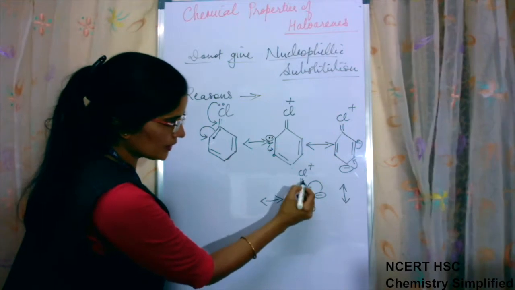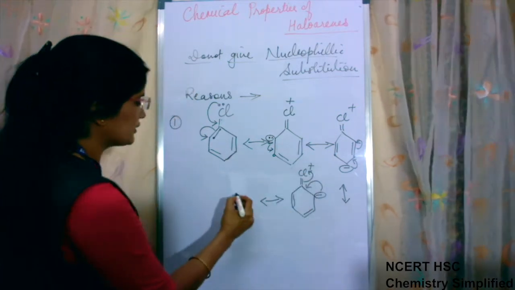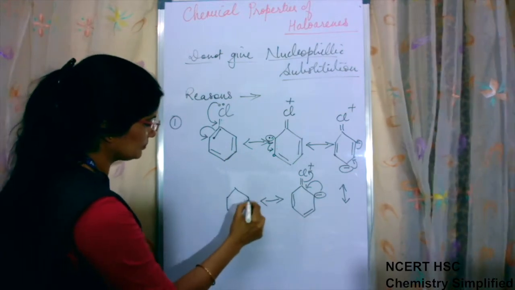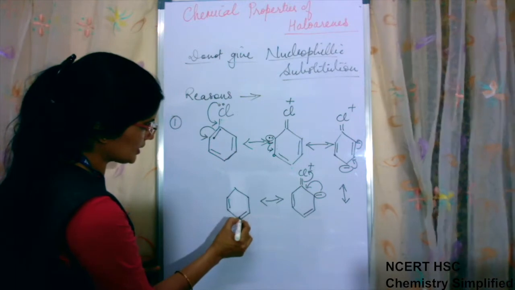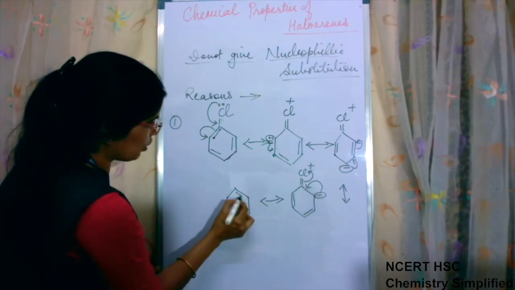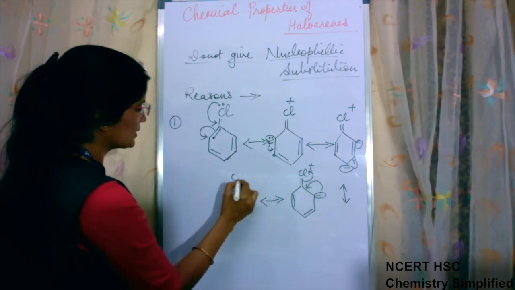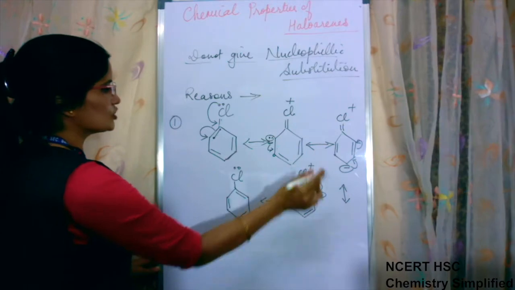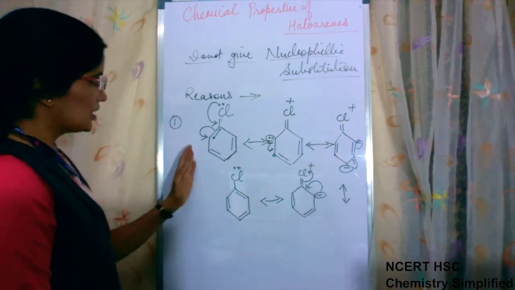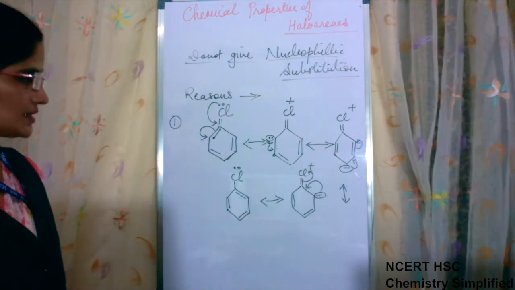When this will come here, this bond will have to go back to chlorine. So it will come like this. This and this as it is, this and this as it is, this coming as a bond, and as this is coming here, this will go back to Cl, and now the lone pairs have returned back, so the positive sign will disappear. These are all resonating structures of haloarenes.